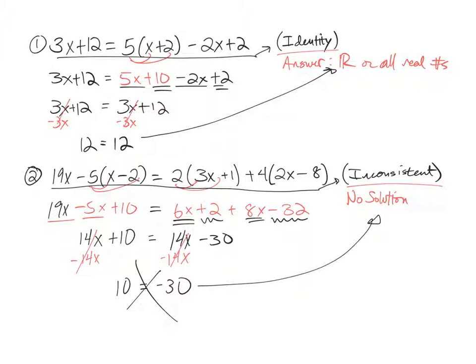So an identity, as far as an equation is concerned, could happen with linear equations or quadratic equations or square root equations or any type of equation that you could look at, as well as inconsistent. Inconsistent equations can happen in any situation as well. So just keep that in mind moving forward, that these ideas are not going to disappear.